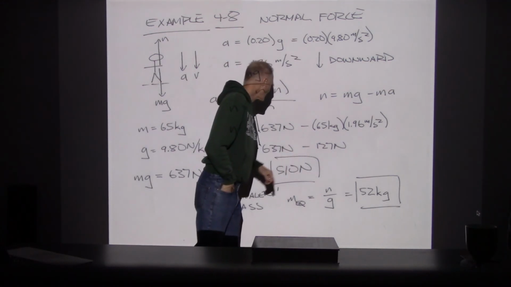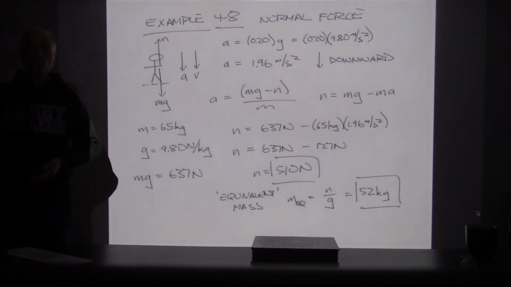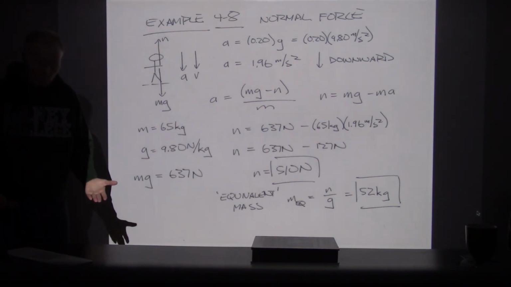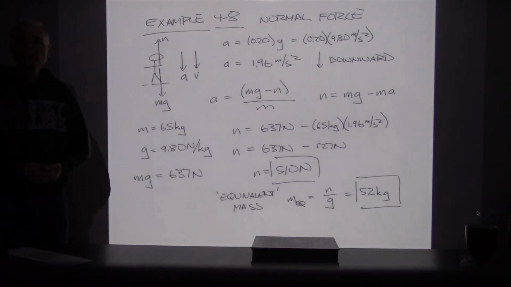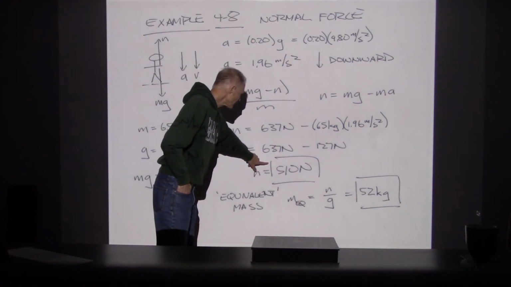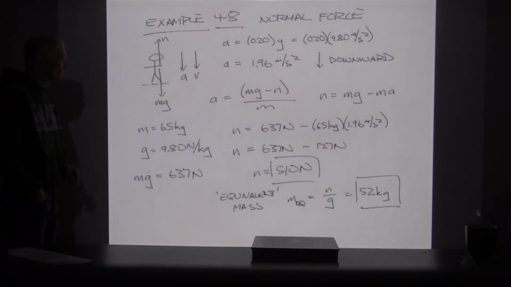Now the m times a works out to be 127 newtons. The person feels 127 newtons lighter. And you know, that feeling that you're not quite as heavy comes from the contact force with the floor of the elevator. You're not feeling like you're in as close contact. The difference here leaves us with 510 newtons of force for the normal force.